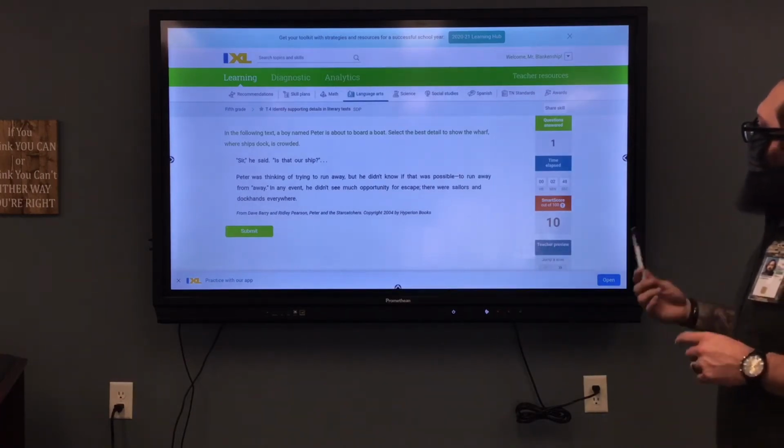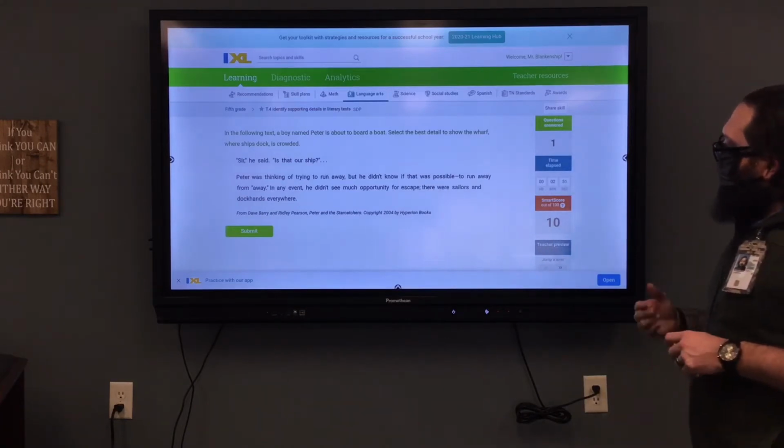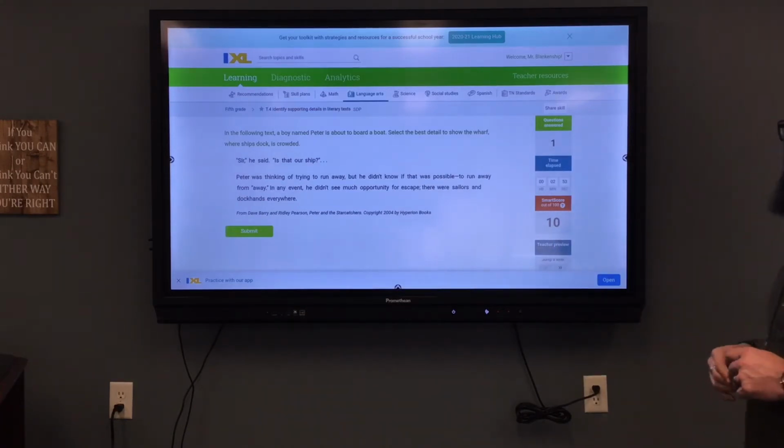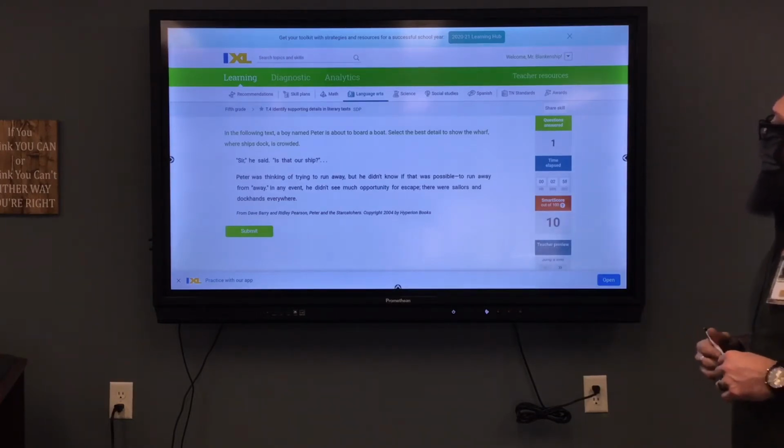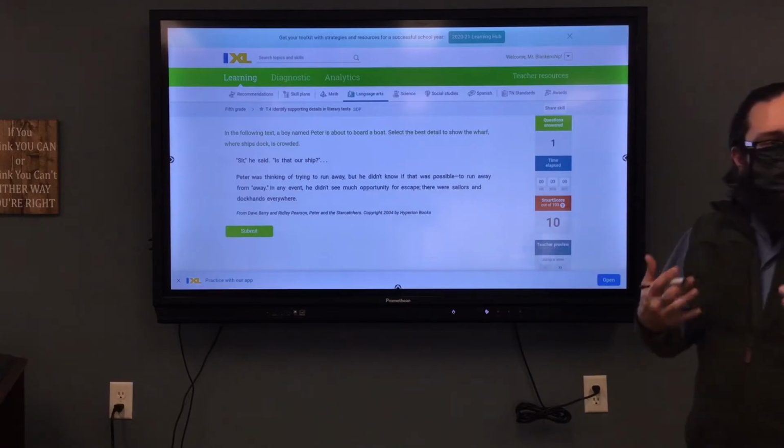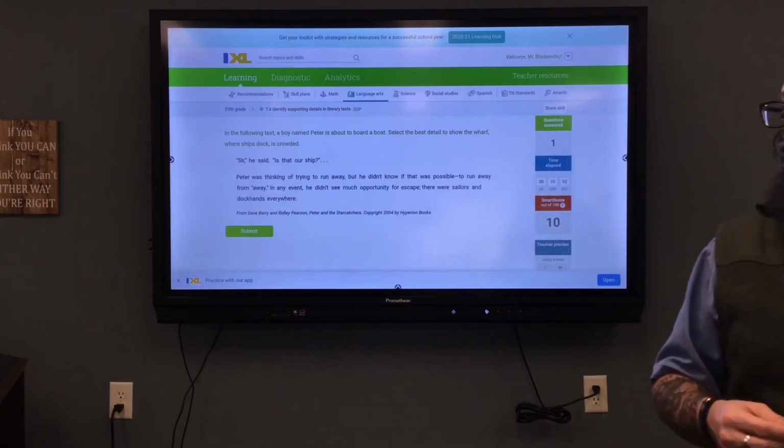So we want to know which detail, which quote from this text best supports this inference that the wharf where the ship docks is crowded.